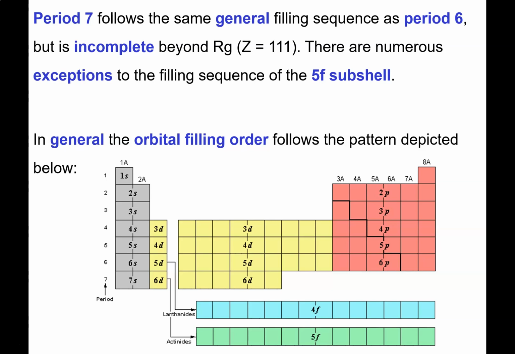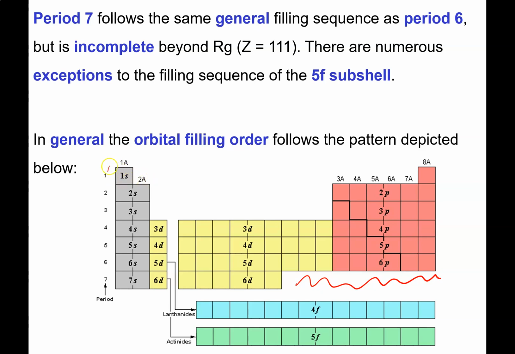So period 7 follows the same sort of general filling sequence as period 6, but what you see down here is that in period 7, we don't have to go all the way out here because we actually run out of elements. So how does the order go?